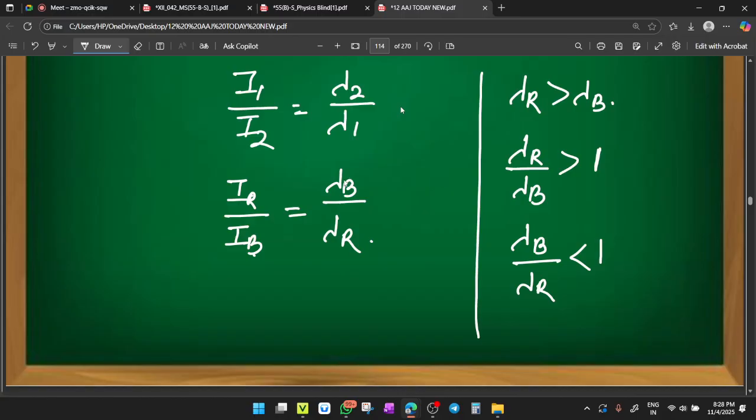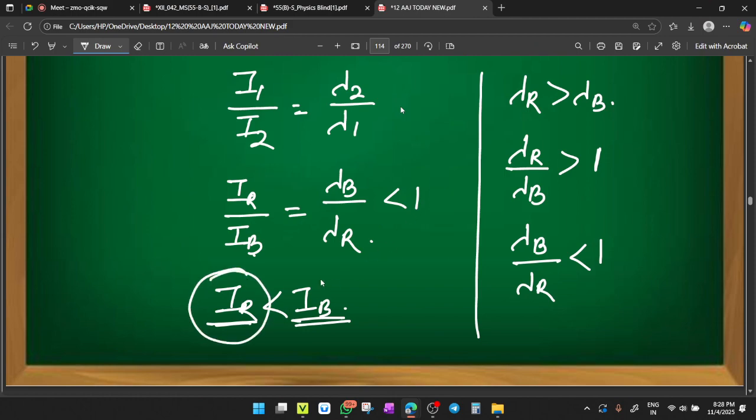So the intensity of red color will be less than the intensity of blue color, which means red color has less intensity and blue color has more intensity.